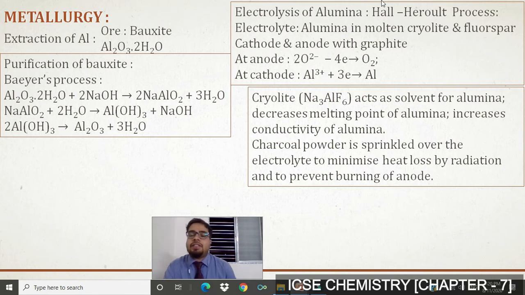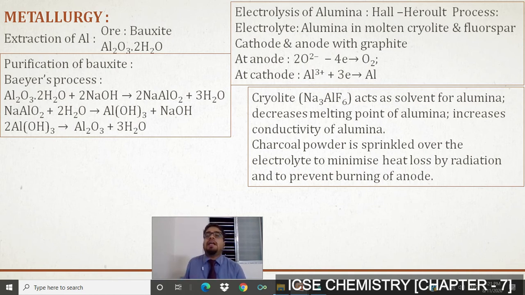Now let's understand this point. Alumina is a very viscous substance, okay. Through that viscous alumina, electricity cannot flow very easily, and dissociation also does not happen properly, okay. So you need a medium so that alumina gets dissolved. So cryolite acts as the solvent for alumina, okay.